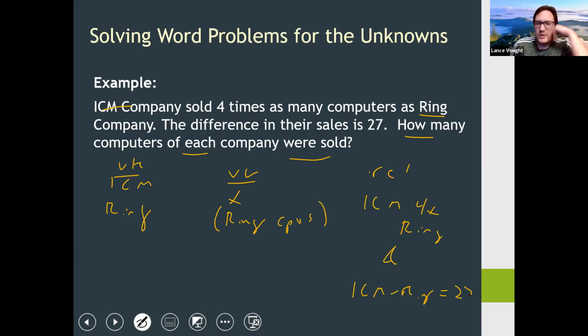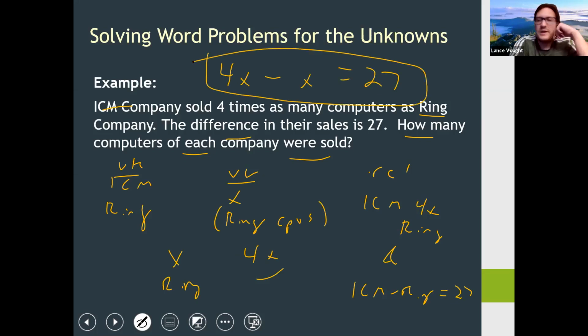Well, we know that Ring is going to be X. We know that ICM is going to be 4 times that, 4x. But instead of combining this into being 5x equals some number, we don't know the total number. We know the difference. So what this is telling you is that ICM, which is 4x, minus Ring, which is x, equals 27. That's the equation that you need to solve.